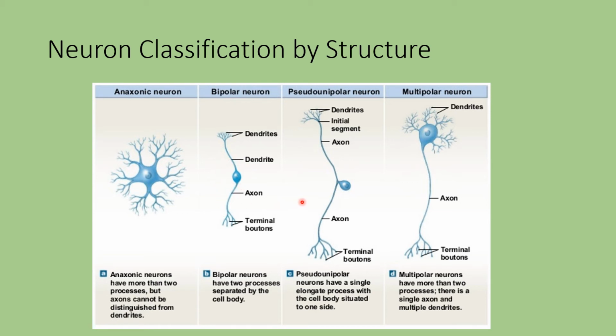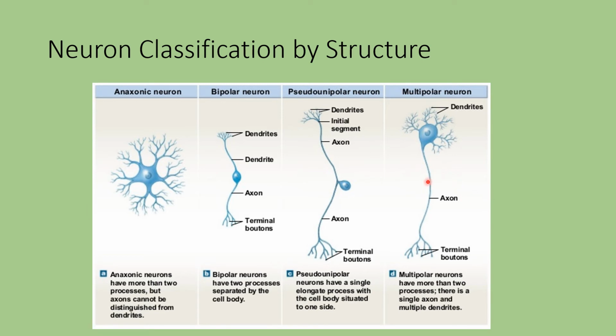Now, a unipolar or pseudo-unipolar neuron, here the cell body may look very similar to a bipolar, but the cell body is actually off on the side. And the dendrite is really continuous with the axon versus being separated by the cell body. And then a multipolar neuron has several different processes.